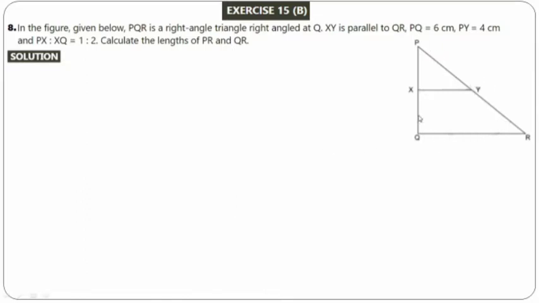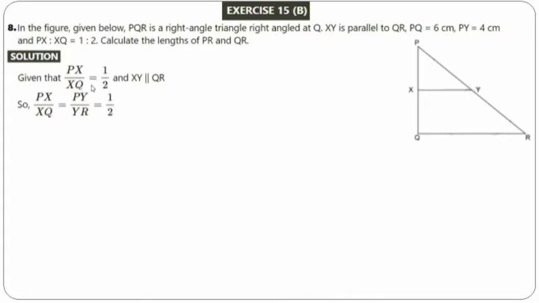Whenever there is a right angle triangle, we have to make use of something called Pythagoras theorem. Always remember that. What is given here is PX by XQ is 1/2, and XY is parallel to QR. That means using BPT, PX is to XQ will be equal to PY is to YR, and that is equal to 1/2.